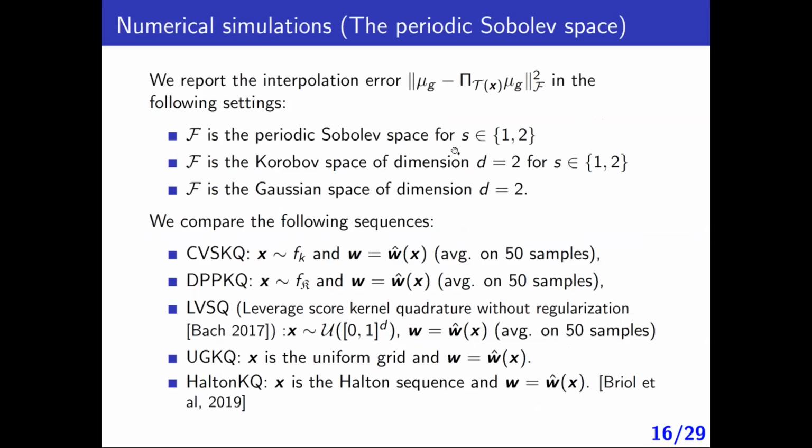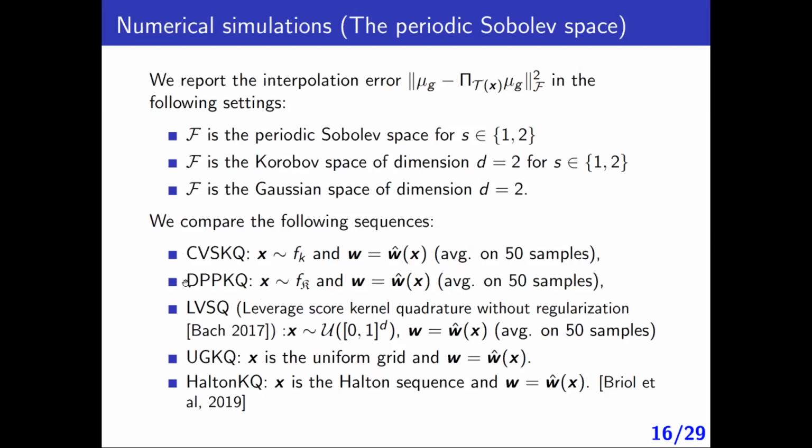So I will move to numerical simulations, and I will give you simulations in these cases: when F is the periodic Sobolev space for 2 orders, when F is the Korobov space of dimension 2, that is the tensor product of periodic Sobolev spaces, and when F is the Gaussian space that is associated to the Gaussian kernel in dimension 2. And we can compare all these sequences: continuous volume sampling kernel quadrature, optimal kernel quadrature. We take an average on 50 samples, and in this case we need to use a Markov chain Monte Carlo sampler.